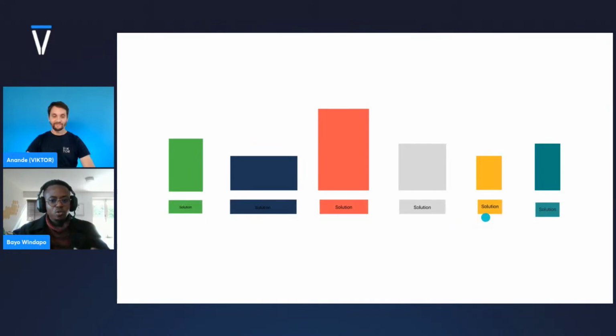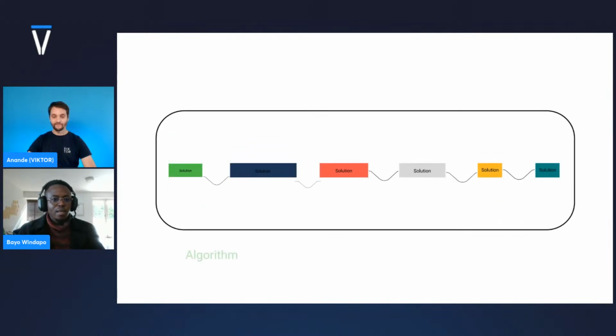We form solutions to these problems, keeping in mind the overarching problem, making sure that these solutions work together to form a cohesive solution to our problem. And then we string these solutions together to form what we would call an algorithm.